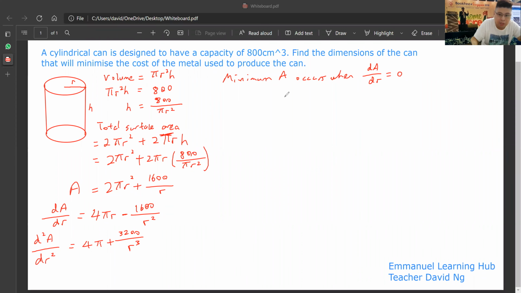So 4 pi r minus 1600 over r square is 0. So your 1600 over r square is 4 pi r. I bring the r square over, right? Or you can see it from another point of view.